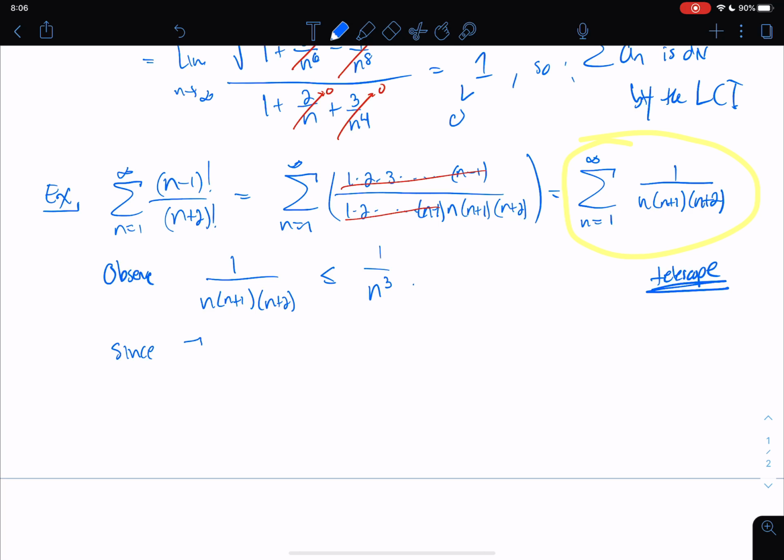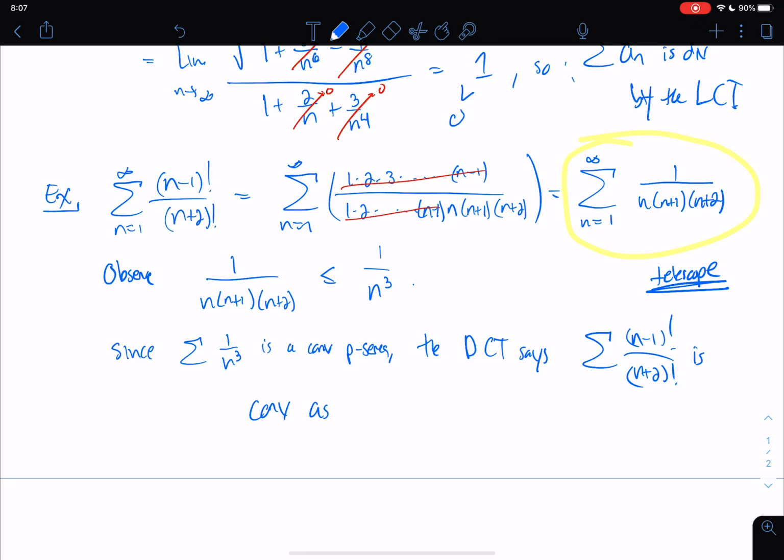And since the sum of 1 over n cubed is a convergent p-series, the direct comparison test says that the sum of n minus 1 factorial over n plus 2 factorial is convergent as well. So this is an example of making sure we read the directions and that we're careful about the difference between compute the sum and determine convergence, because one is going to be far easier to do.